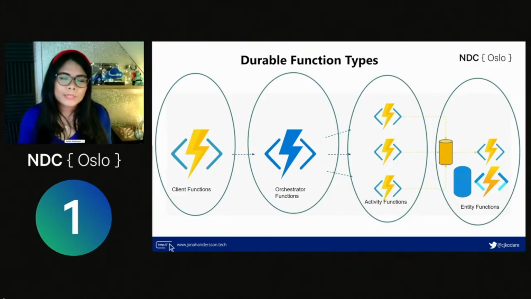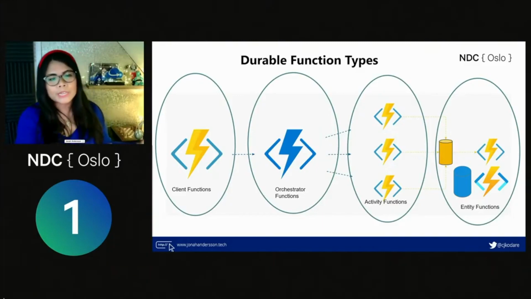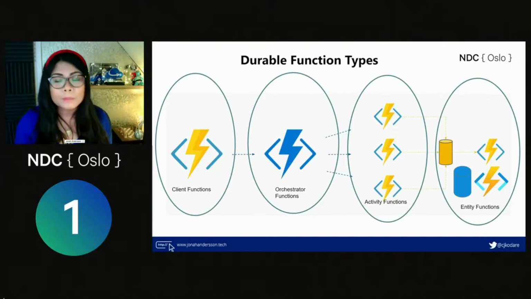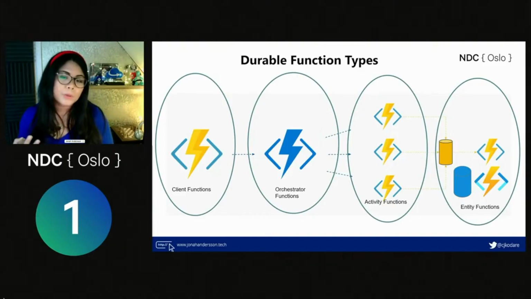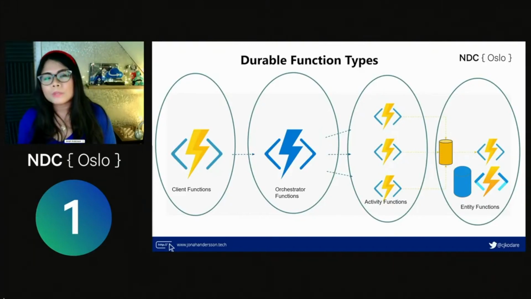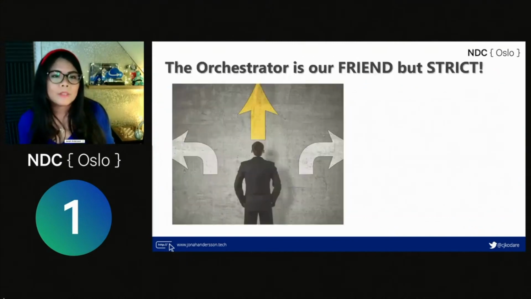The difference between the entity functions compared to client functions, orchestrator, and activity functions is that entity functions can only be triggered with entity trigger, and it's supported only from durable functions 2.0 and above, as well as there are only three languages supported for entity functions. Those are .NET, JavaScript, and Python.